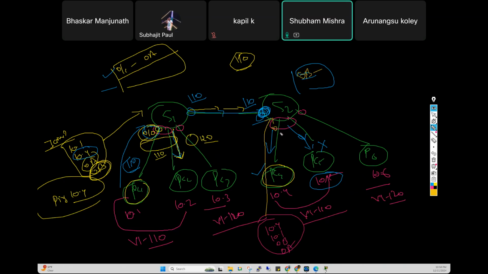I am receiving this MAC address on 0/0. Switch number 2 learned it. Switch number 2 checks the destination. Switch number 2 checks which interface I am receiving this packet on. This interface is part of VLAN 110. I need to forward this packet through all the interfaces which are part of 110. Agree? It will be like this.